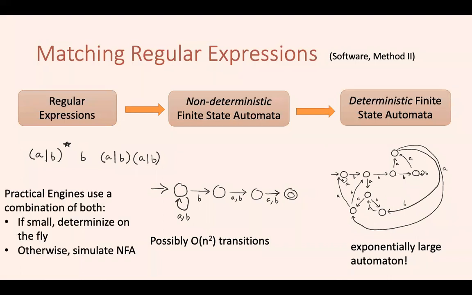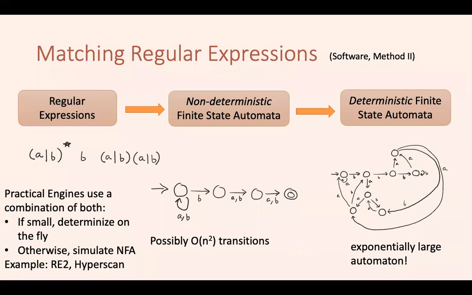Practical implementations tend to use a bit of both NFAs and DFAs. If the DFA is relatively small and would fit in memory, it determinizes it. But if it is too big, then it falls back to simulating the NFA.